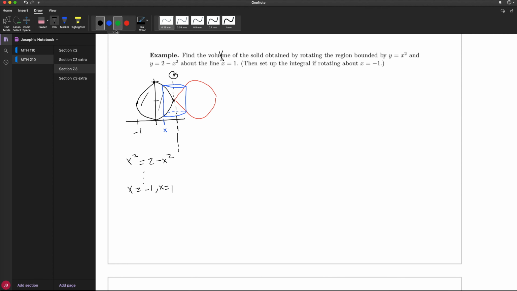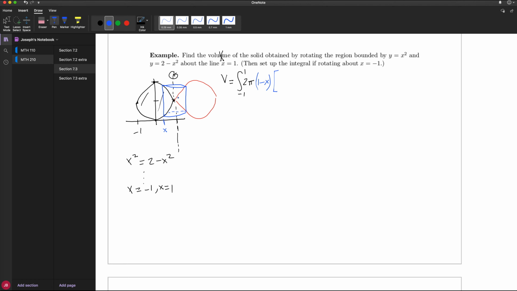And so the volume will be given by the integral over the x bounds of the region, which are -1 to 1, 2 pi, and now radius, well, let's see here. Our radius is not x, that is this length here. Our radius is 1 minus x, right? As x gets bigger, the radius gets smaller, so there's a minus relationship going on there.